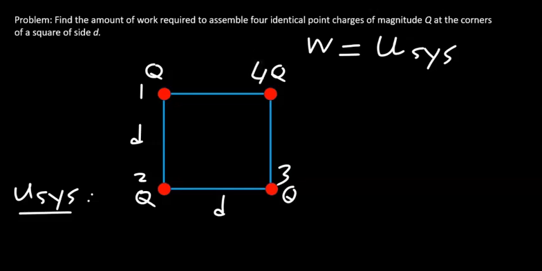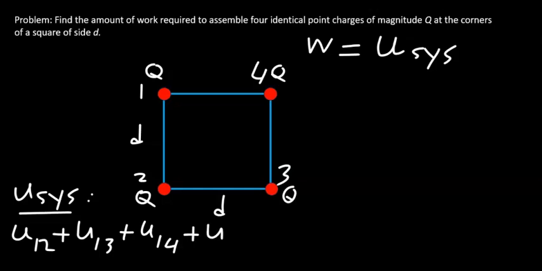In order to calculate the potential energy of the system, we need to consider pair by pair. So the first term is, say, pair 1, 2, followed by pair 1, 3, pair 1, 4, pair 2, 3, pair 2, 4, and pair 3, 4.